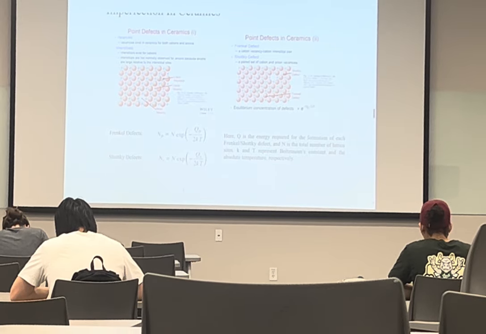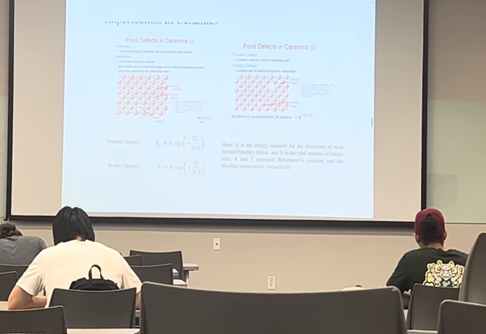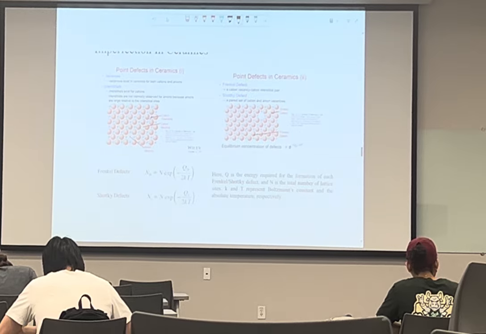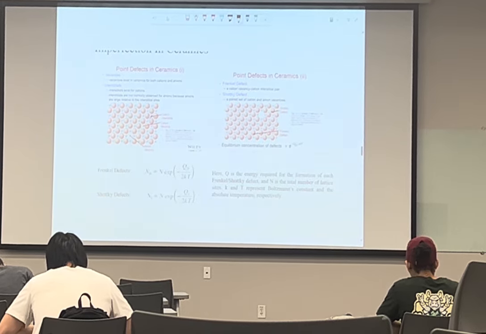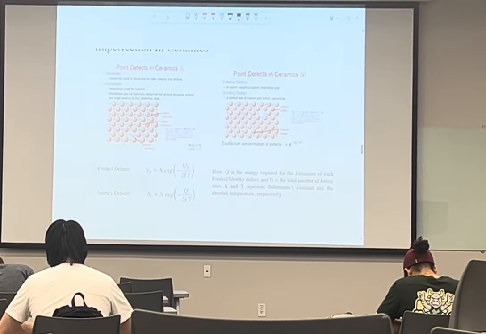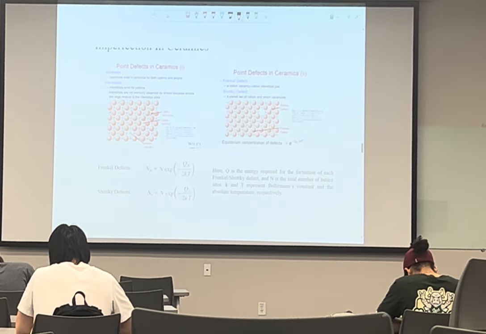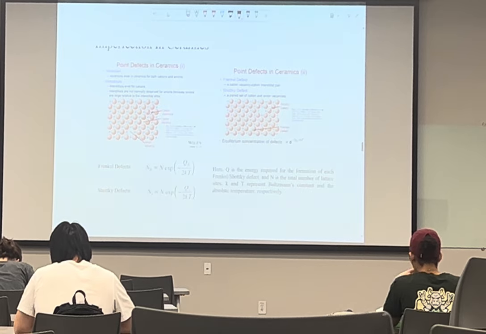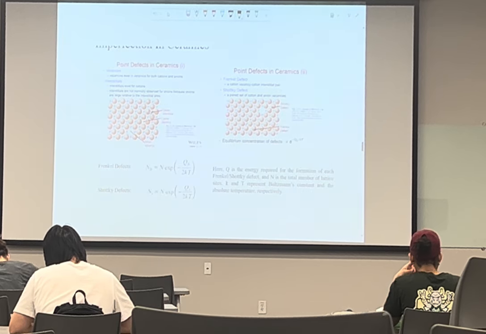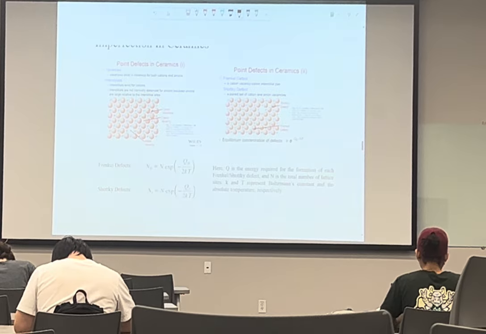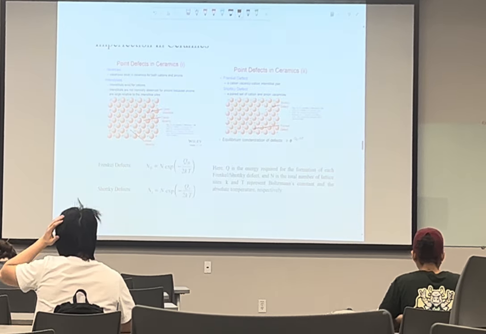To find out how many Frenkel defects we have in our network, it is the total number of lattice sites times the exponential of minus Q, the activation energy for this type of defect, over 2 times Boltzmann's constant and temperature. And it's the same for the Schottky, which has its own special activation energy.